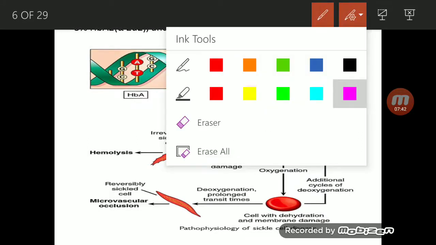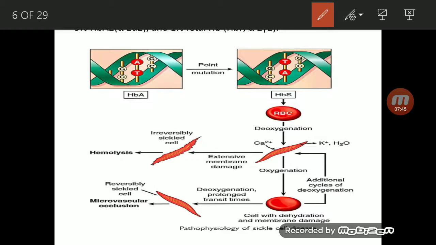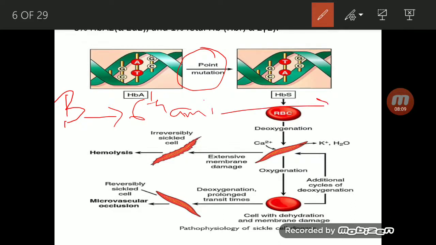Okay, I hope it is clear till here. So I said sickle cell anemia is a hereditary disorder caused by point mutation. Under normal condition, the beta chain of your hemoglobin, on its 6th amino acid, contains glutamic acid.